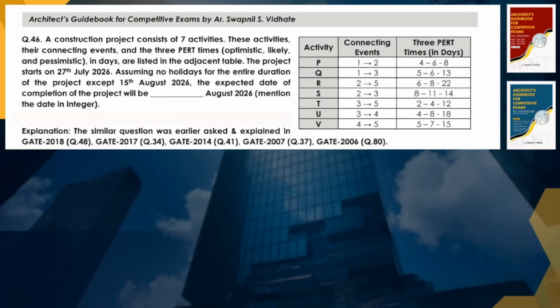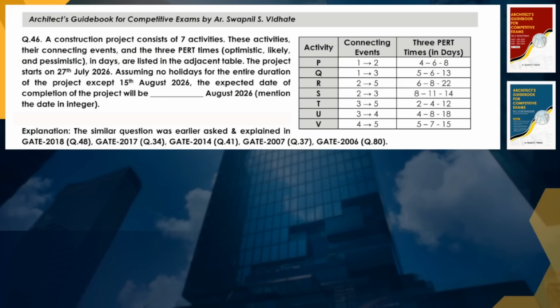Now, a similar question was earlier asked and explained in GATE 2018 question 48, GATE 2017 question 34, GATE 2014 question 41, and GATE 2006 question 80. So, multiple references were there.